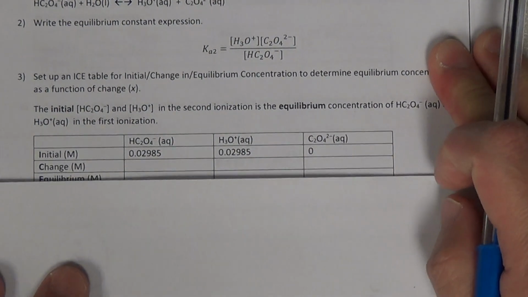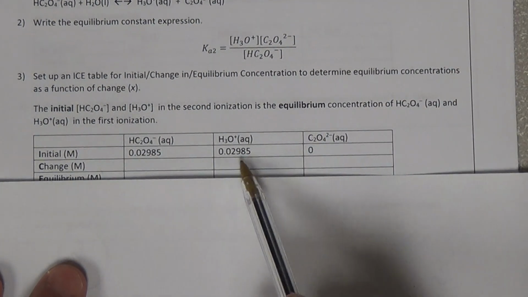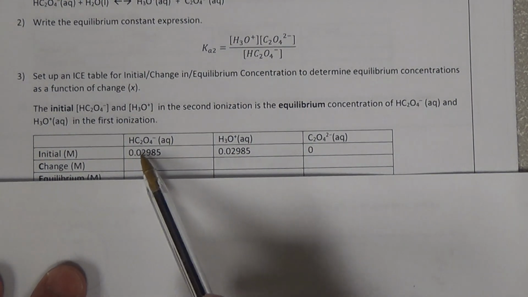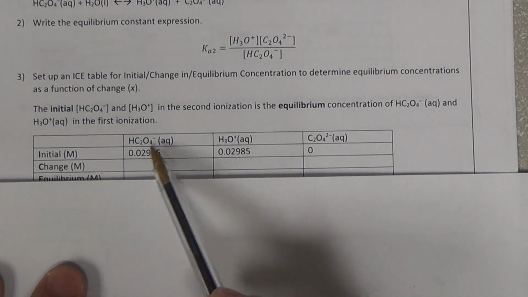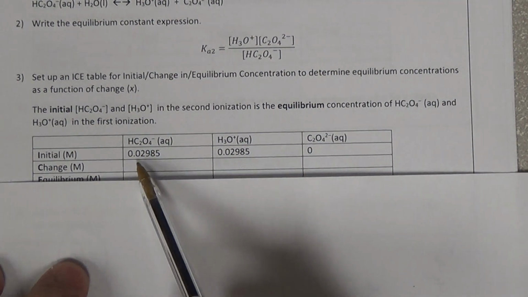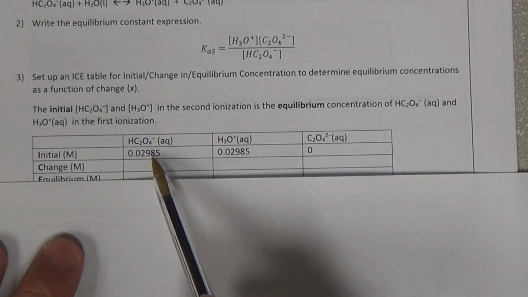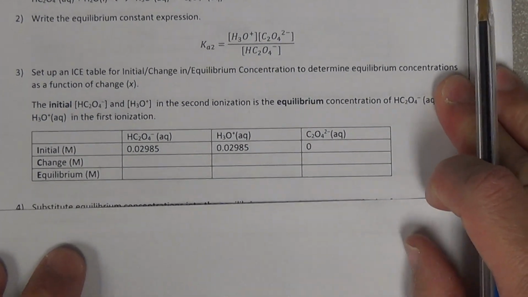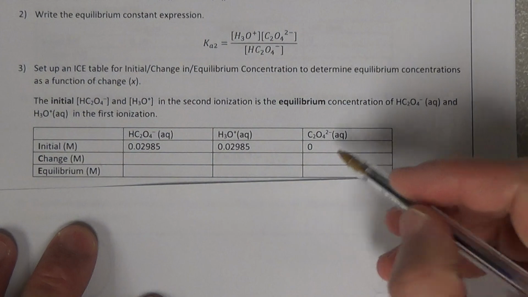So that means we already found this H3O plus concentration at equilibrium for the first ionization, and also the same number for this HC2O4 negative. So we use these two numbers as our initial concentrations for these two, and then we will finish the IC table. So again, there's a 0 here.